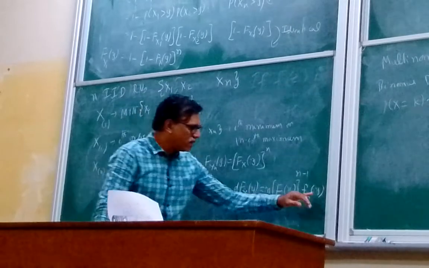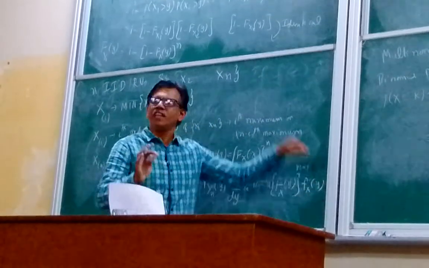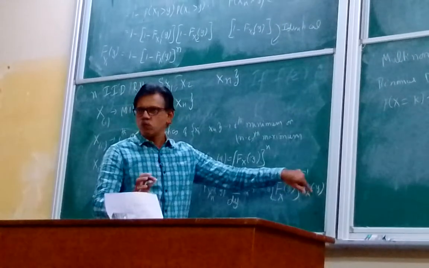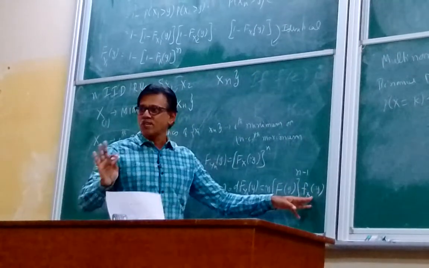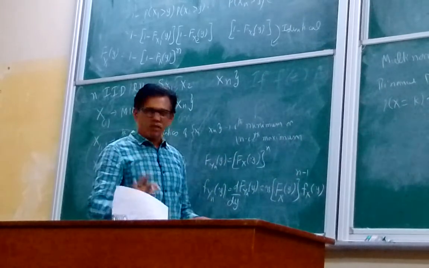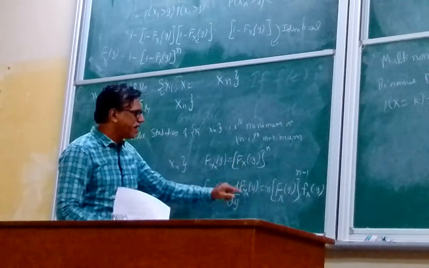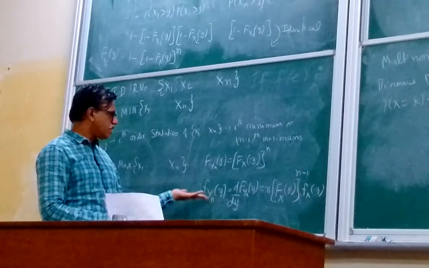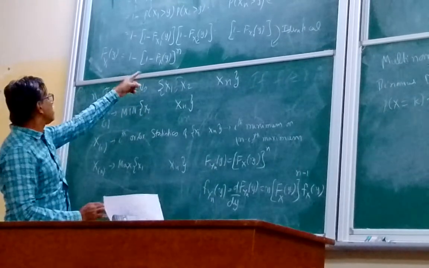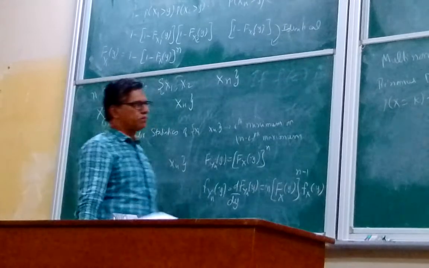It is not F_X of y here; I find f_X of x and then substitute y. After substitution itself I have written it like this. So you differentiate it and then substitute y in these two places. So this will be the density function of y. In a similar manner, you can differentiate and get the density function of Y1 also.